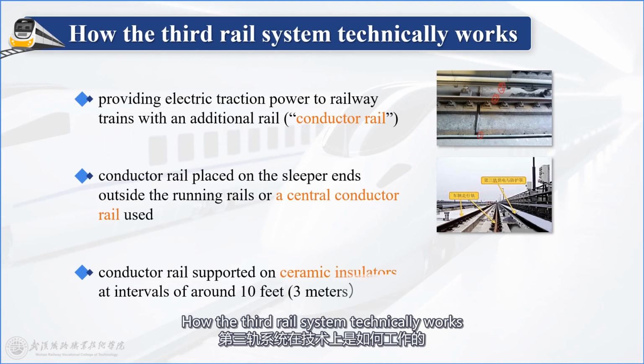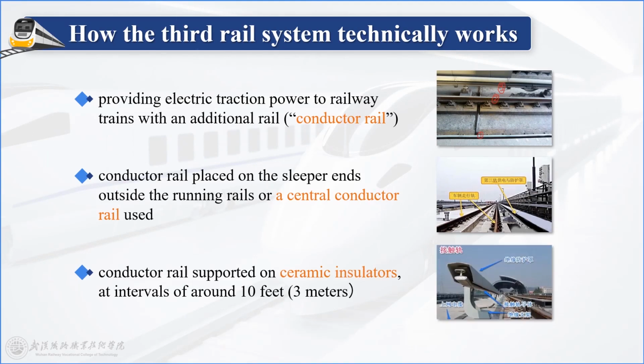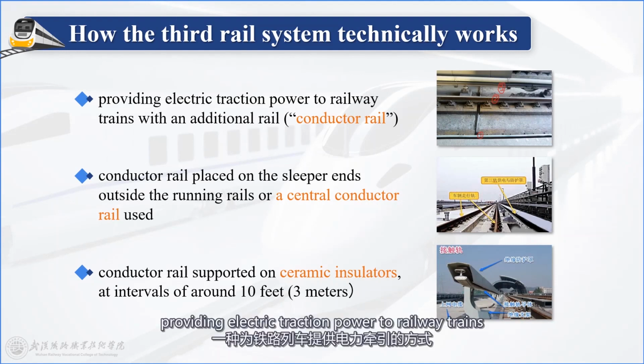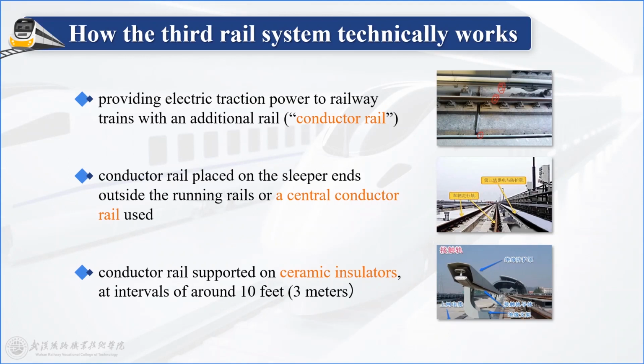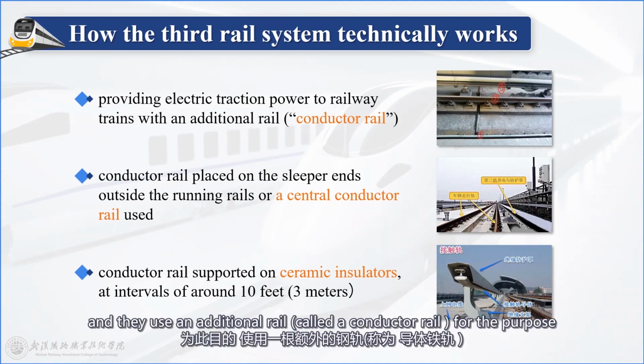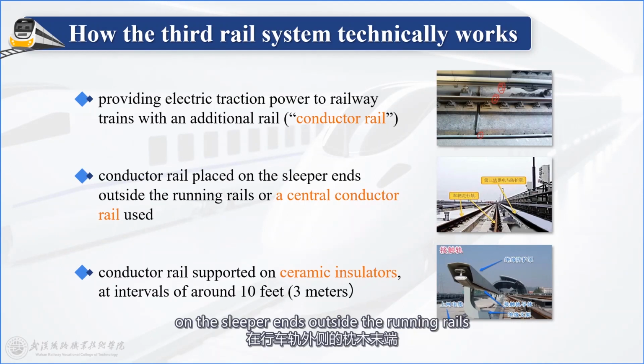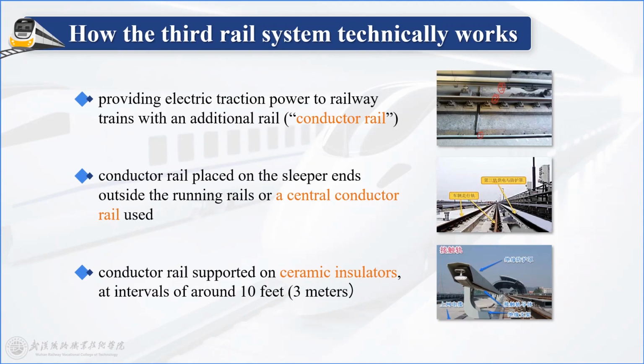How the third rail system technically works. Third rail systems are a means of providing electric traction power to railway trains, and they use an additional rail called conductor rail for the purpose. In most systems, the conductor rail is placed on the sleeper ends outside the running rails.